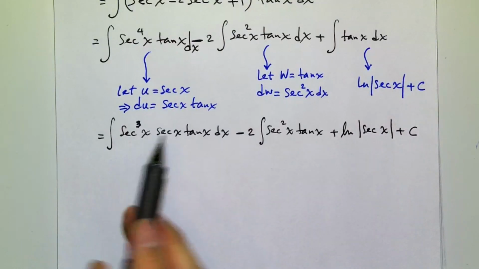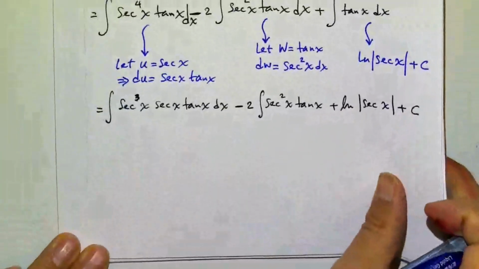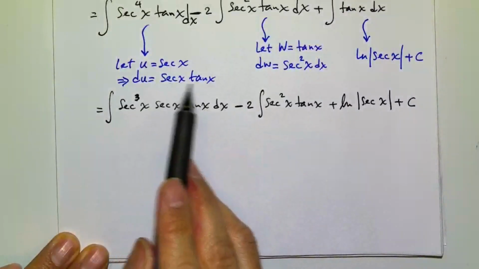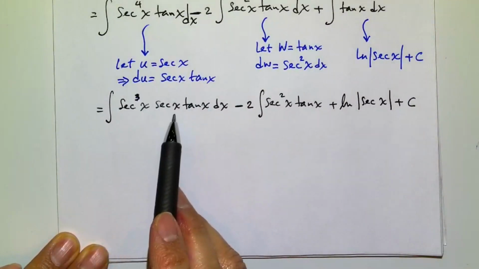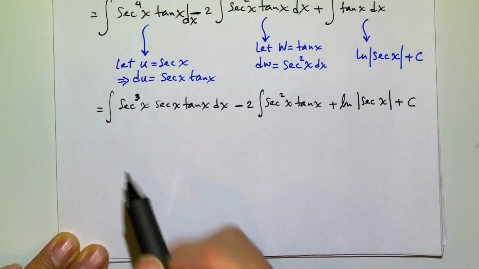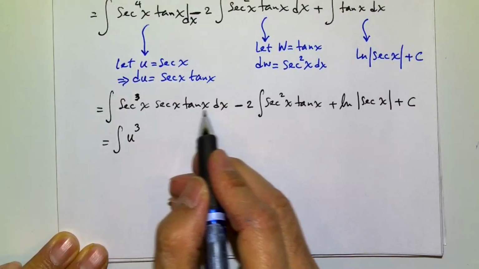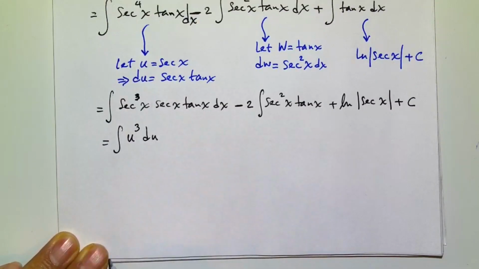Okay, now you'll see how this works. So secant x tangent x dx would be du, and this piece would be u cubed, right? Do you see it? So now this would be u cubed, all of that times du.